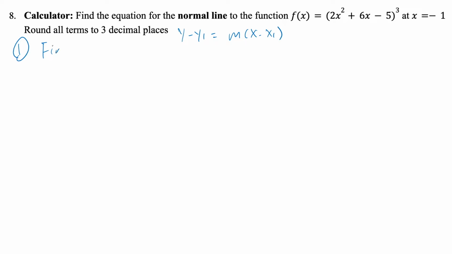Alright, so our first step would be to find y1 of the function when x is equal to -1. So f of -1, we will plug it into the function.